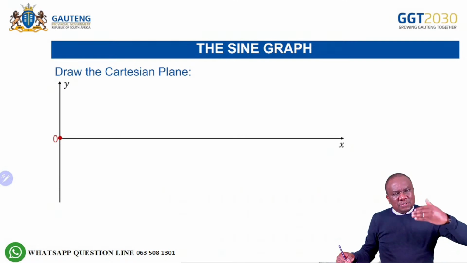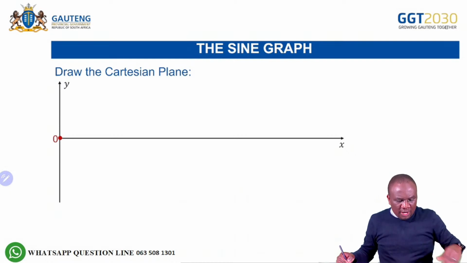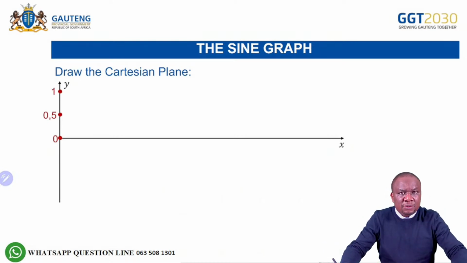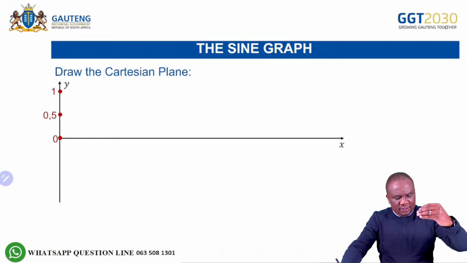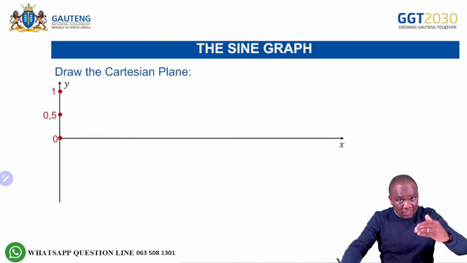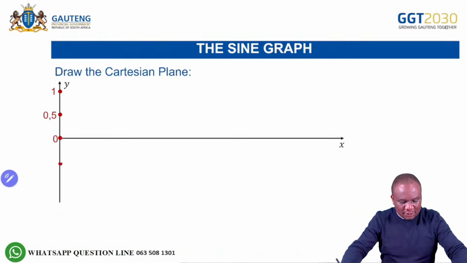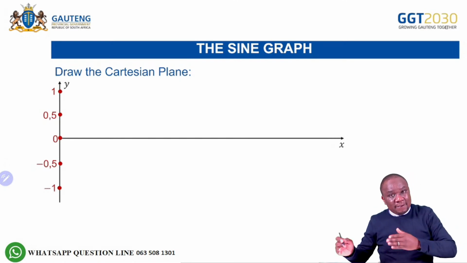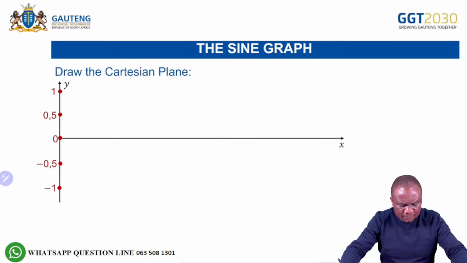We're going to divide the upper part into 2 equal parts, 0.5 and 1. Then below 0, we're going to have negative 0.5 and negative 1. Let's try to move together so that when I finish here, you also have your Cartesian plane. Then we can start plotting.